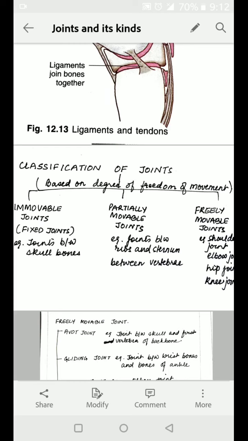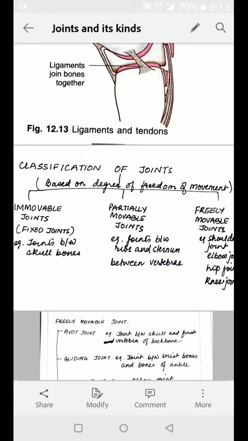We will be studying the synovial joints in detail, but examples of these freely movable joints are the shoulder joint, the hip joint, the knee joint, the elbow joint, and other joints like the joint between the bones of the wrist, that is the carpals, and the joint between the bones of the ankle, that is the tarsals.